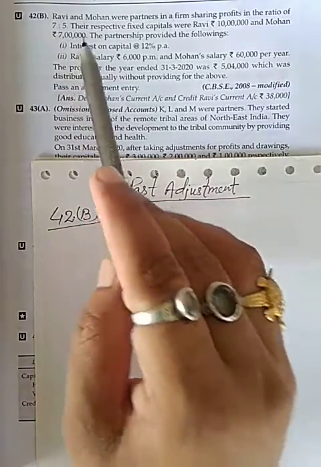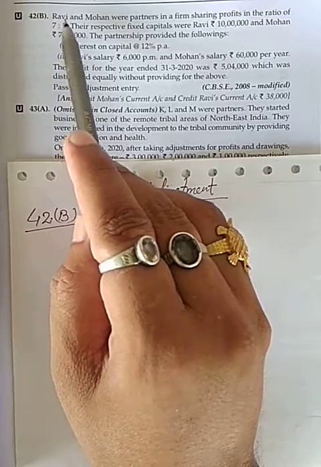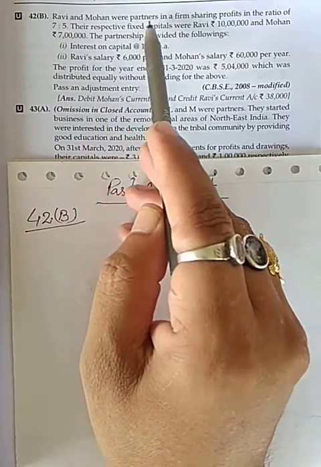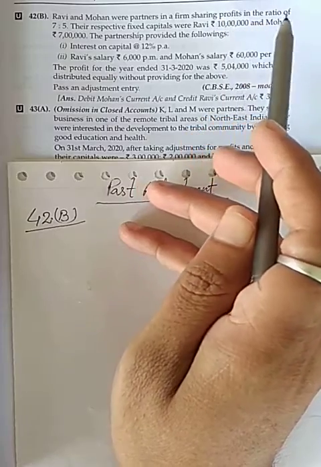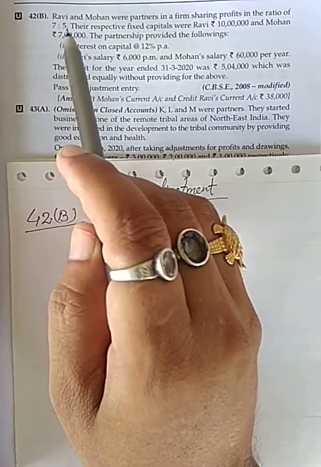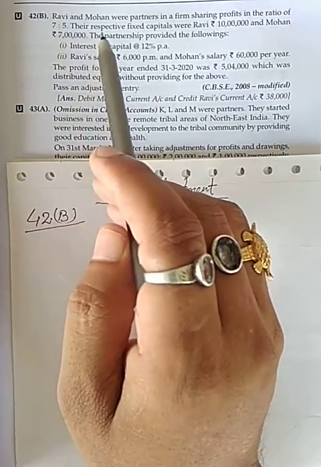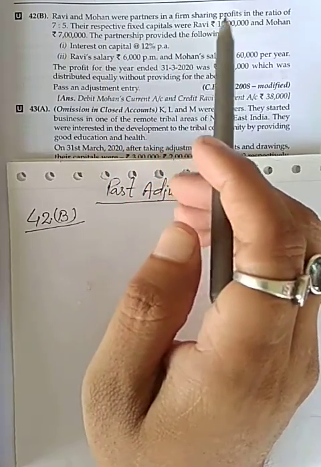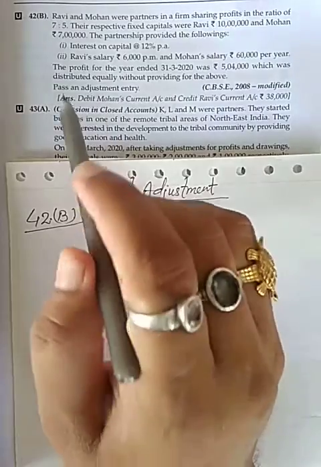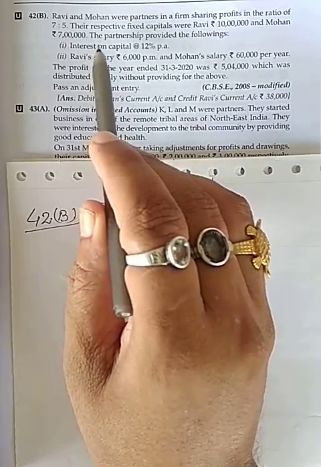The question says Ravi and Mohan were partners in a firm sharing profit in the ratio of 7:5. Their respective fixed capitals were Ravi 10 lakh and Mohan rupees 7 lakh.